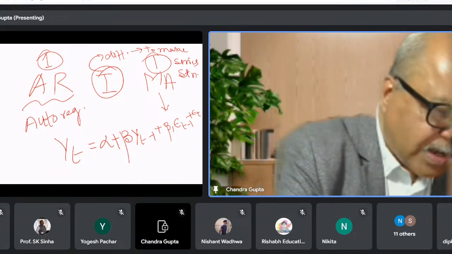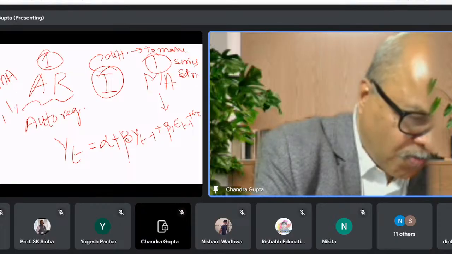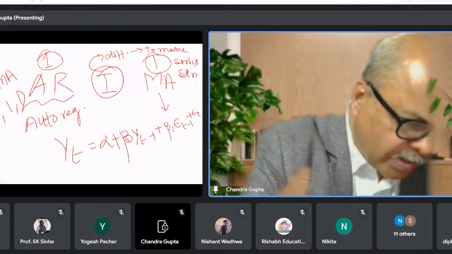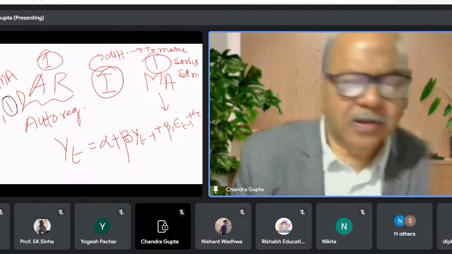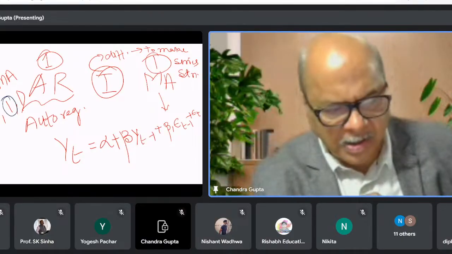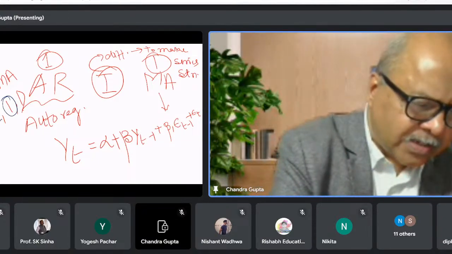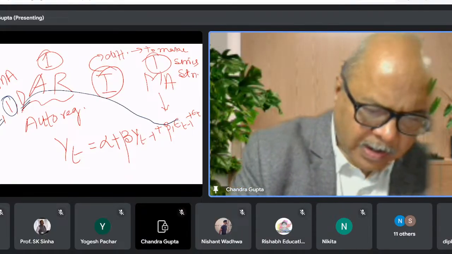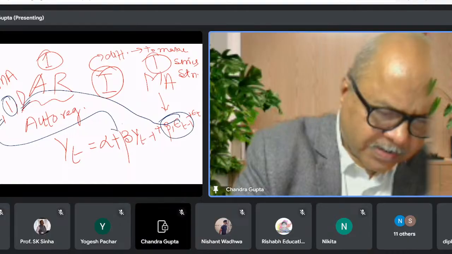So if I say ARIMA 1, 1, 1, that means you take one time difference of the series to make it stationary. And once it becomes stationary, take one autoregressive term and one moving average term, which is nothing but your error term, and autoregressive term is this.